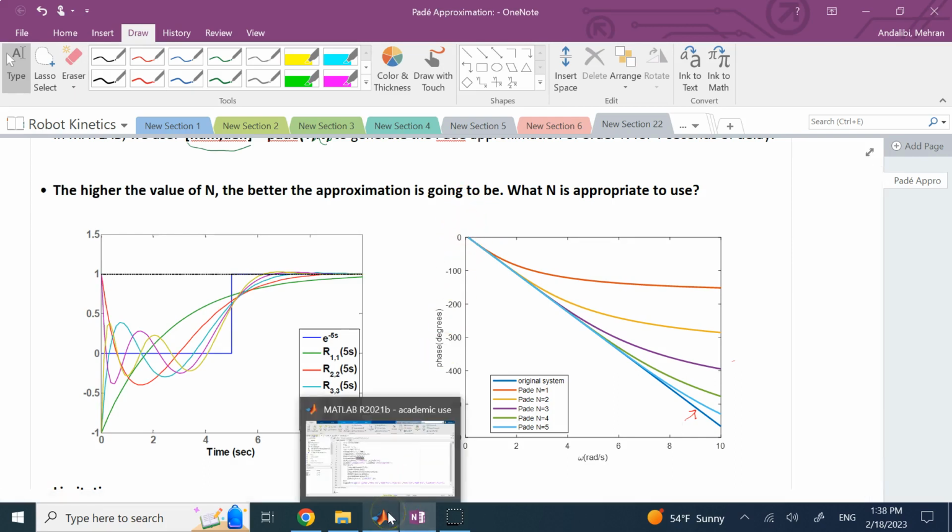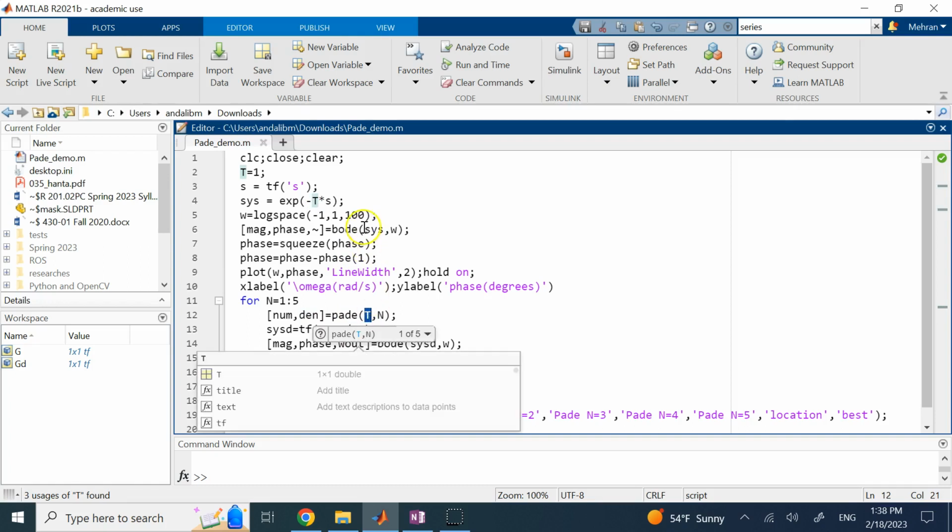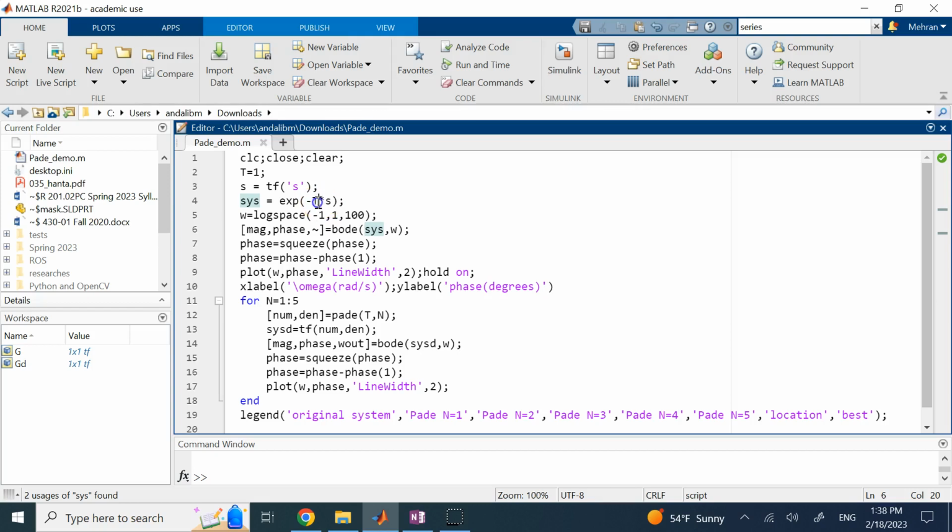But it is just 360 degrees plus the original phase. So for example, if the phase of the original system is, let's say, -1 degrees, then the phase of the first order Padé approximation is -1 plus 360, which is like 359. The angle of the phase of the second order system is -1 plus 2 times 360, and so on and so forth. So all of those angles are the same practically, right?